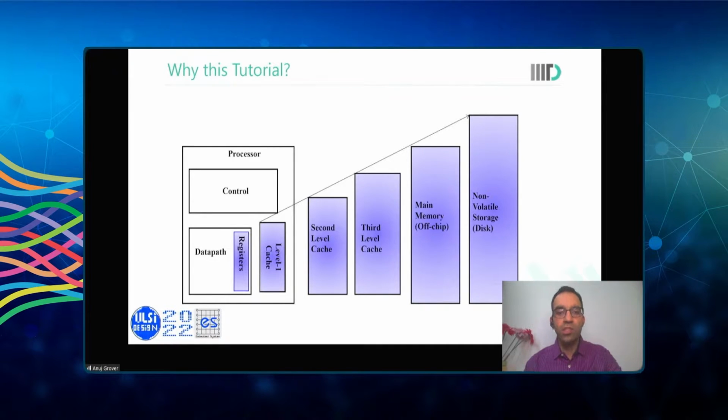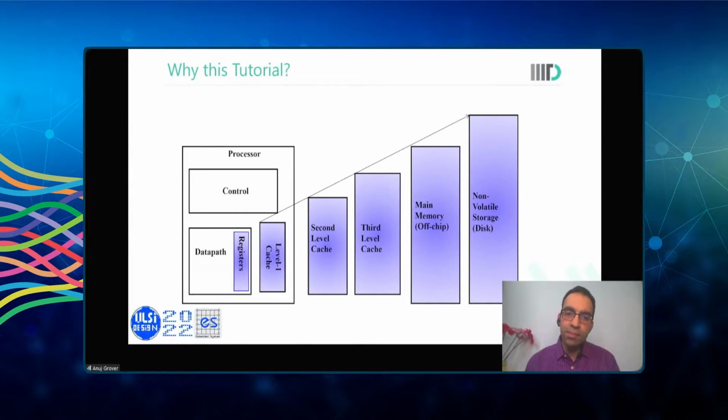There are on-chip registers, which are right there in the data path. And then there are level 1 caches, level 2 caches, and so on, until we go to off-chip main memory, DRAMs, and off-chip non-volatile disks. In recent times, non-volatile memories have also gone on-chip, which is Manan's research area, and we will talk about on-chip non-volatile memories also today.